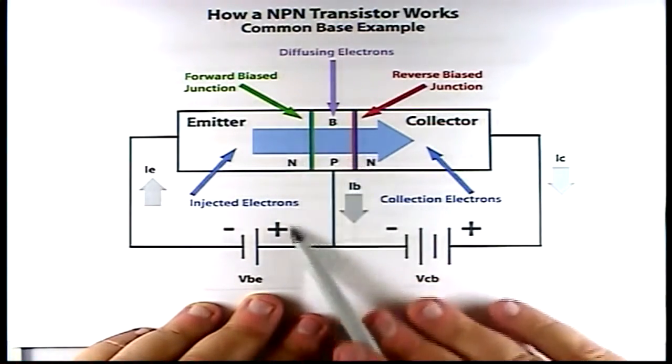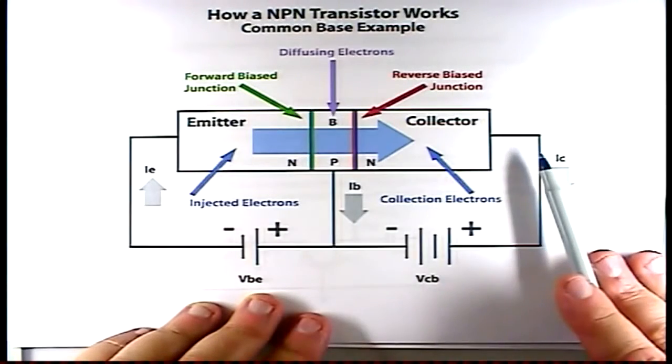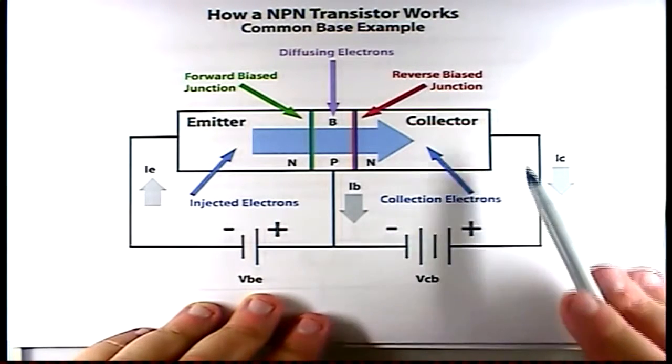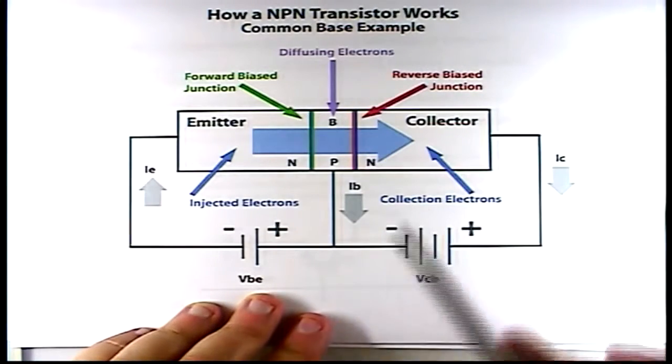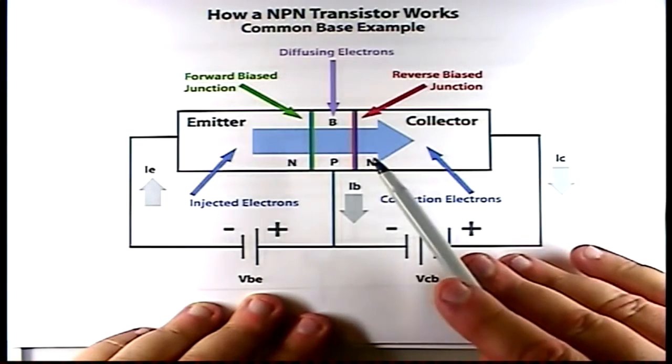And this voltage is going to determine the total flow through the whole system. So a little voltage here can cause a large current flow here, creating a large voltage change over here. And so this is basically the way that a transistor works.